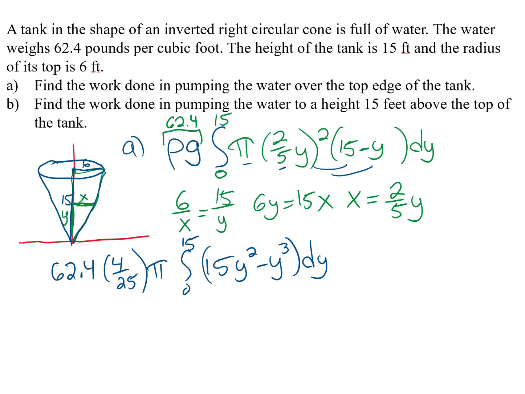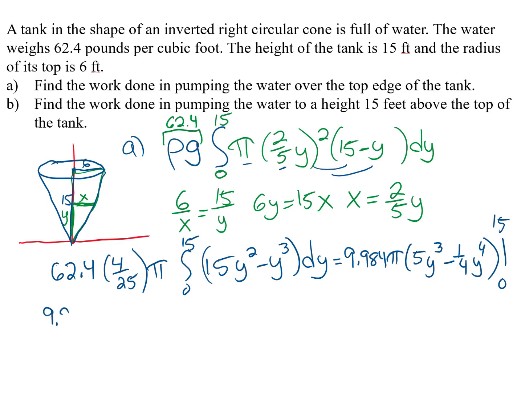All right, let's go ahead and do that integration. We've got our constant out in front, and we'll combine all of those, so we've got 9.984 pi, and then doing the integration, we've got 5y to the third minus 1/4 y to the fourth, evaluated from 0 to 15.